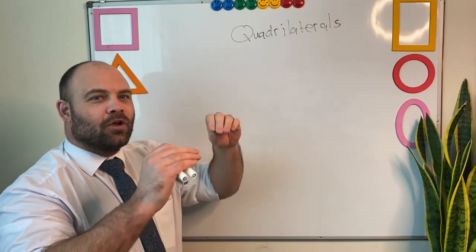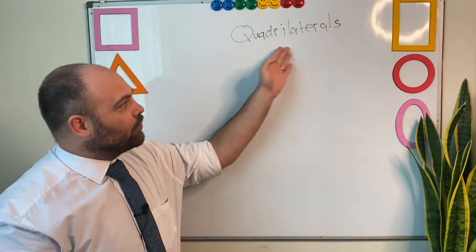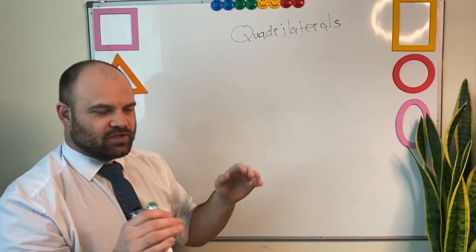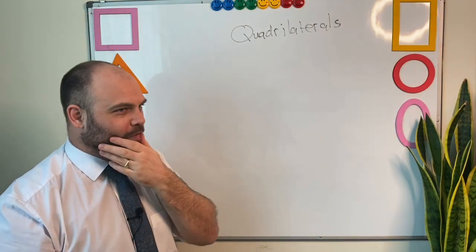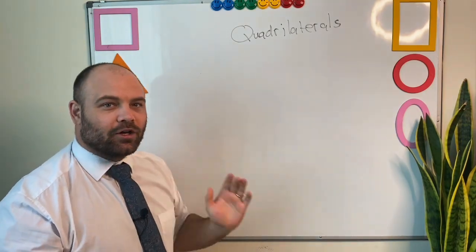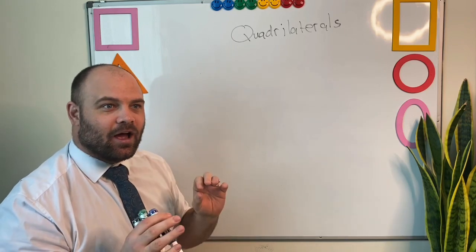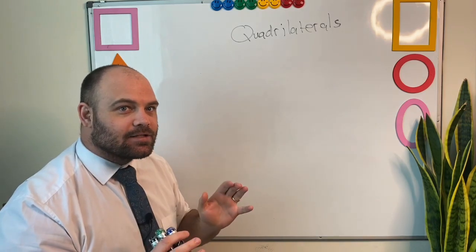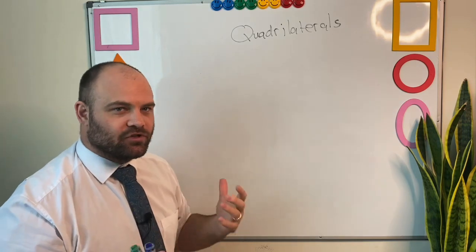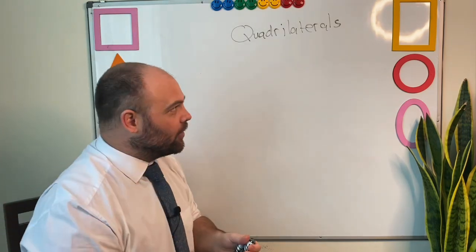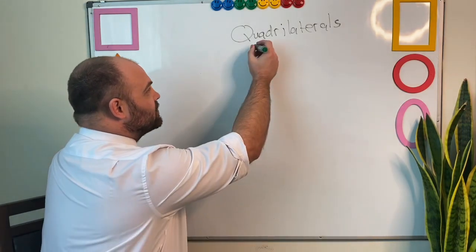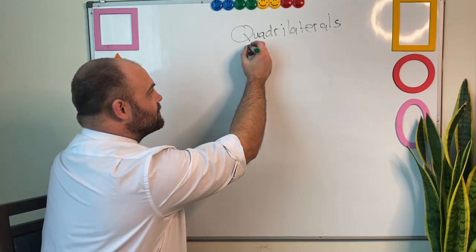Okay, and the way that this works is we start off with a quadrilateral, which is a shape with four sides. If it has four sides, you know it's a quadrilateral. And then we start looking at its different sides to tell what type of quadrilateral it is. So at first we look to see if there are any parallel sides.